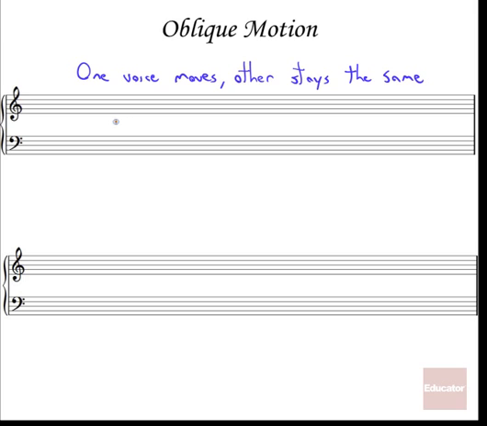For instance, let's take this same sixth again, and let's say that the C just stays on C, and the bottom voice moves to G, and then moves to F, and then ends on this nice third on E. So this is an example of oblique motion, and of course these could be tied or not, doesn't make a difference.